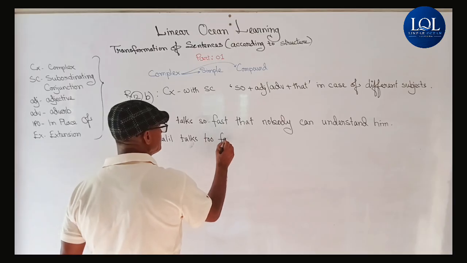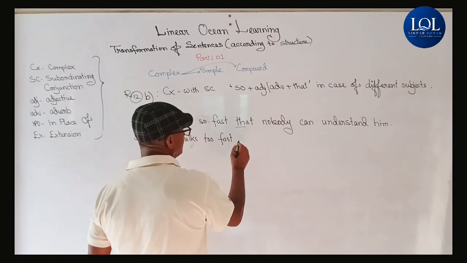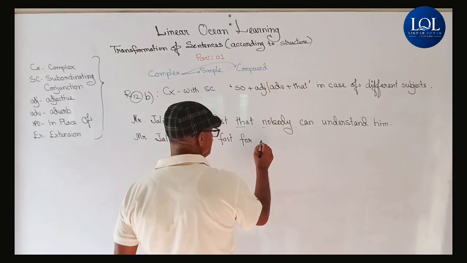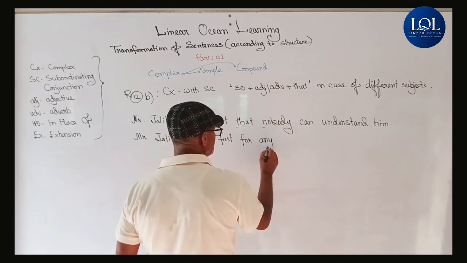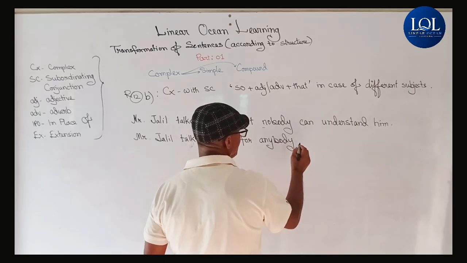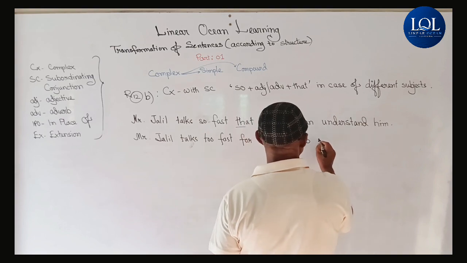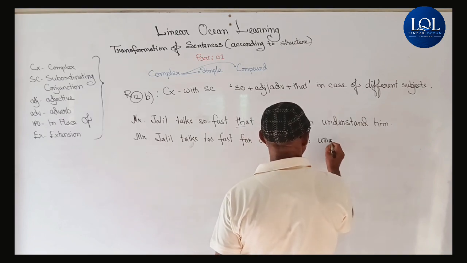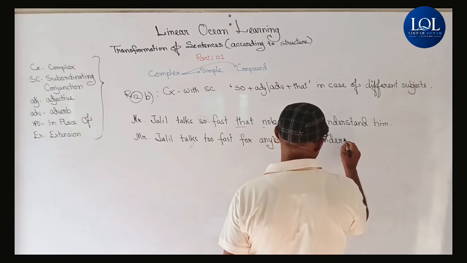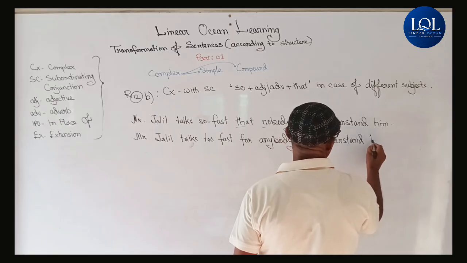Fast here is an adverb, in place of so it is to, and in place of that it is for, and for nobody it will be anybody, then in place of can it will be to, plus verb understand, plus object him.